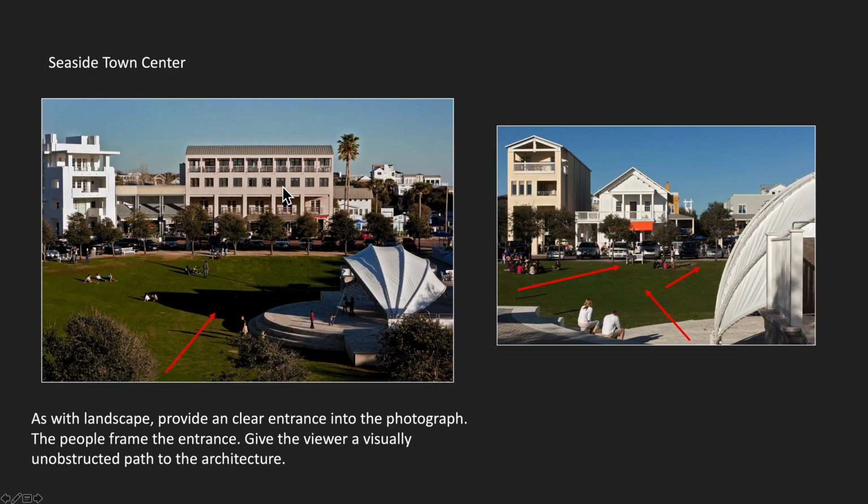That's what I'm showing. Here's another example. Here's your way in. Here's your way in. I've got people looking into the frame. You can come from this way if you want and get back to the architecture. In no way do I have people so close to the front of the frame that they're blocking you, that you have to look over them or around them to see the architecture.